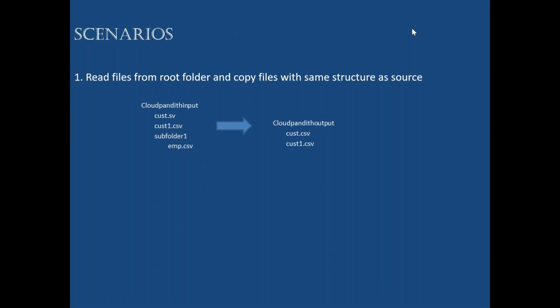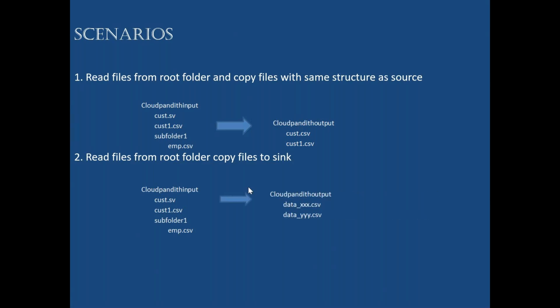What is that option name? Recursive. Okay, remember that. Next, read files from the root folder, copy files to the sink. So you are reading this and copying files to the sink.